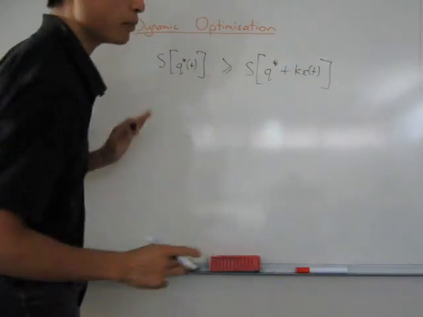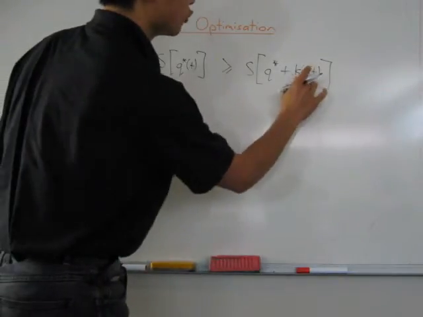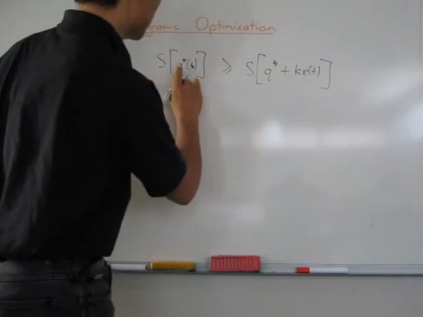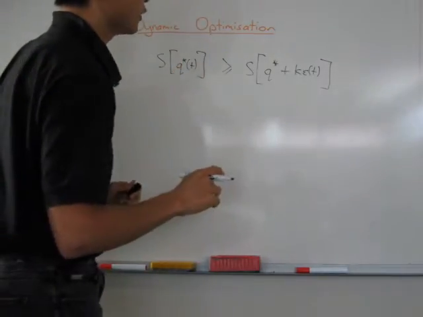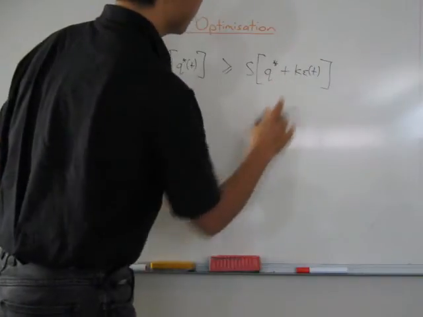Let's take k to be positive, and we've picked some other function, any function at all, epsilon of t, the variation. So we're going to take q star, the optimal, or so I claim, and we're going to modify it slightly.